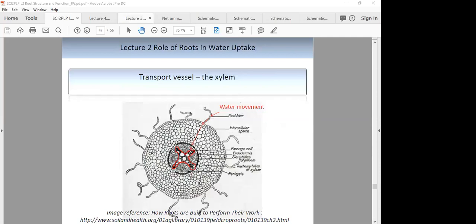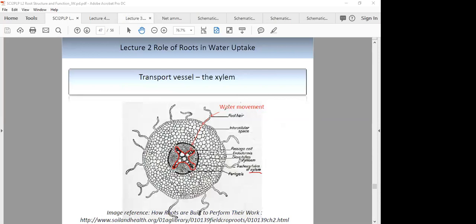You might not know that it's shaped like a star in dicots. It's right in the middle there, and this is where the water will end up. The xylem. That's it. That's the xylem, right in the centre of the actual root.